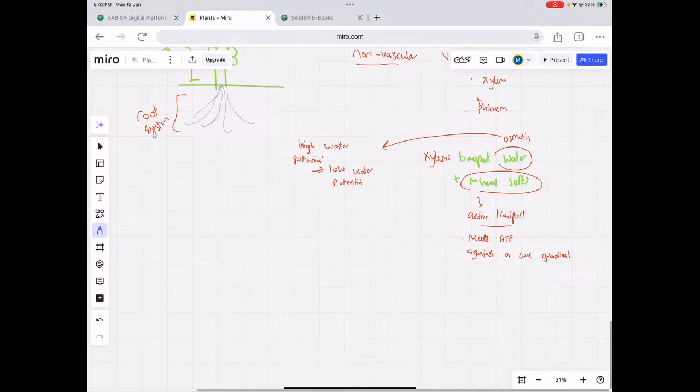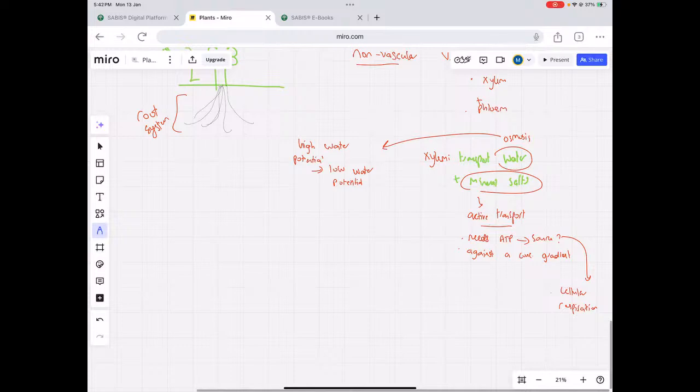Since it needs ATP, it needs a source. What is the source for this ATP? It's going to be by performing cellular respiration. Till now, does everything make sense?